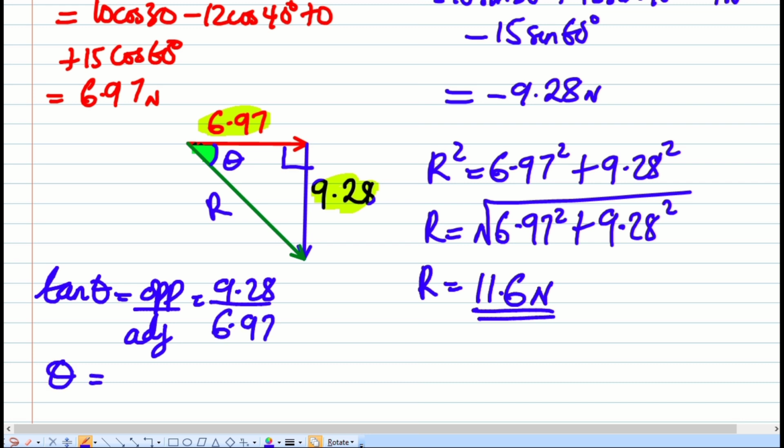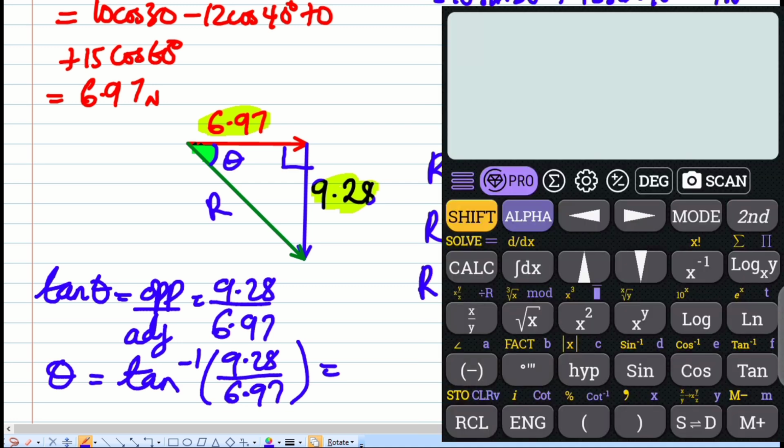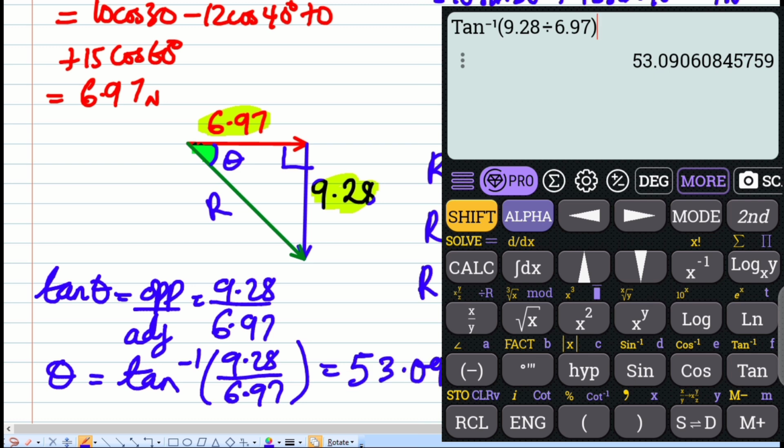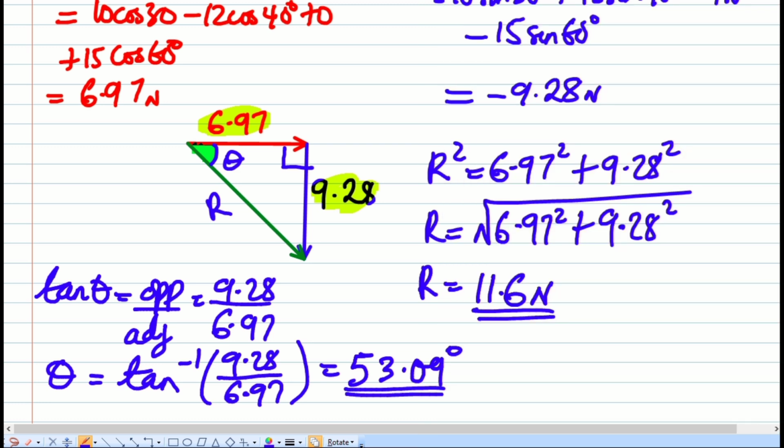So theta is going to be the arctan of 9.28 over 6.97. Let's plug it into the calculator. We have 53.09 degrees to 2 dp. So this is the angle it makes with the horizontal.